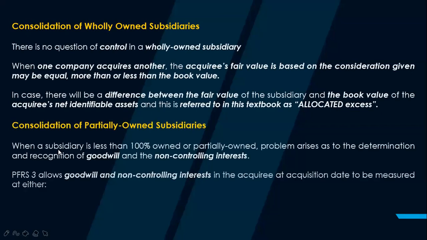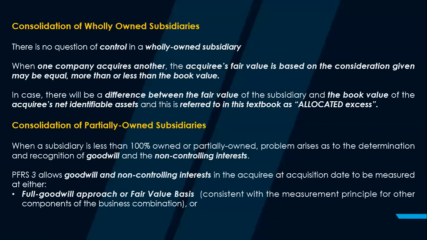When one company acquires another, the acquiree's fair value, based on the consideration given, may be equal to, more than, or less than the book value. In that case there will be a difference between the fair value of the subsidiary and the book value of the acquiree's net identifiable assets, and this is referred to as allocated excess.